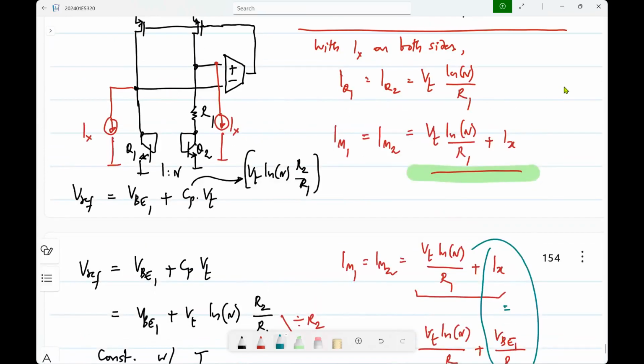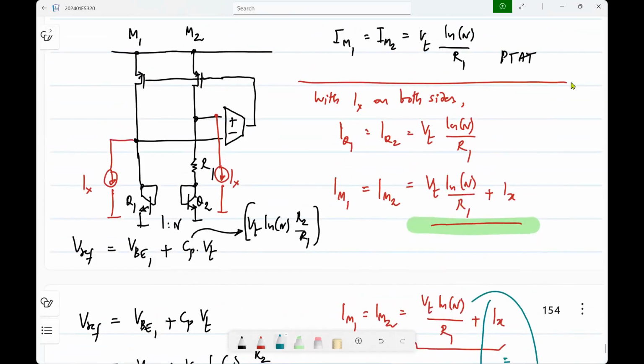So how do I get that? How do I make Ix to be VB1 by R2? Is it possible? What's the voltage across Ix here? VB1. So all I have to do is to replace Ix by R2.